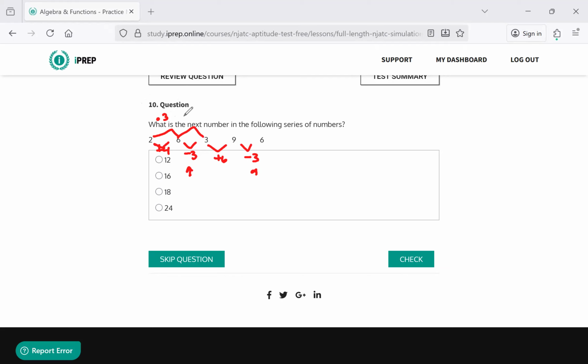So from 6 to 3, you have to subtract 3. From 3 to 9, you multiply by 3. And then from 9 to 6, you subtract 3. So now I see the pattern. It's a multiplication of 3, and then a subtraction of 3, and then a multiplication of 3, and then a subtraction of 3. So the next number should be a multiplication of 3. So you multiply 6 by 3, and I see the 18.